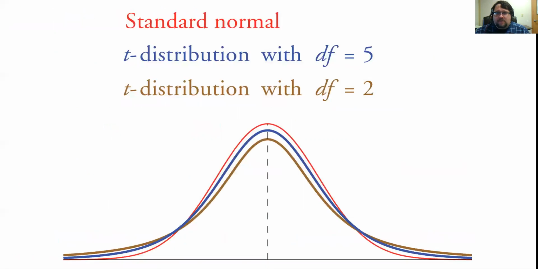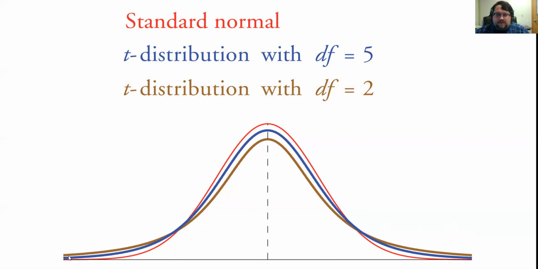All right. So here's a comparison picture. The red curve is your standard normal distribution, your Z values. And then here's a couple of different t curves. The blue is 5 degrees of freedom, so a sample size of 6. You can see it's wider than the red curve, but it's shorter.